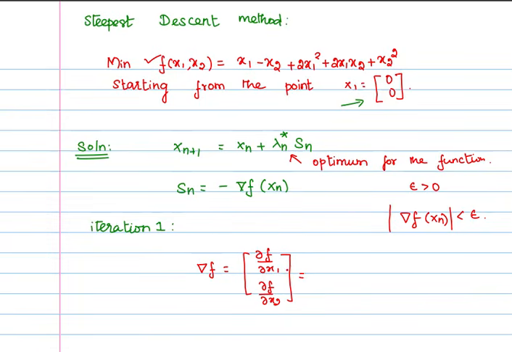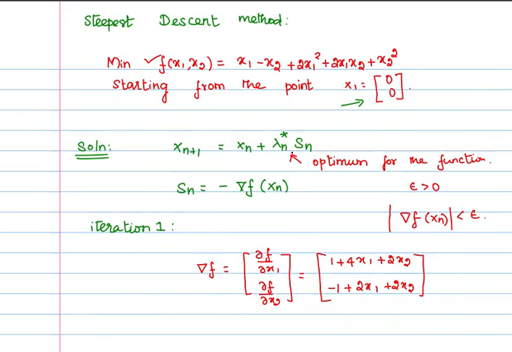Dou f by dou x1 is 1 minus 0 plus 4 x1 plus 2 times x2, plus 0. For the second component, take the derivative with respect to x2: minus 1 plus 2 times x1 plus 2 times x2. So this is the gradient.